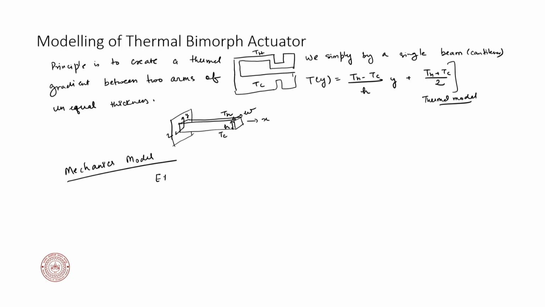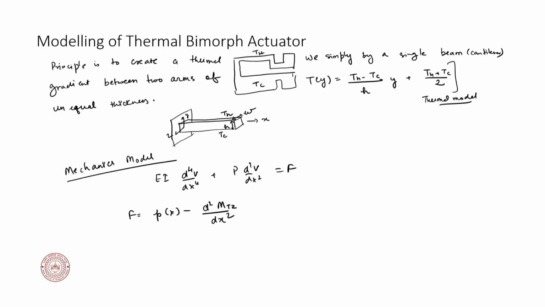So, we will have EI d4V by dx4 plus P d square V by dx square is equal to F, where F is equal to p of x minus d square MTz by dx square. Again, p of x is the applied load without the thermal stress effect, and d square MTz by dx square is the effect of stress or the forces due to moment variation.